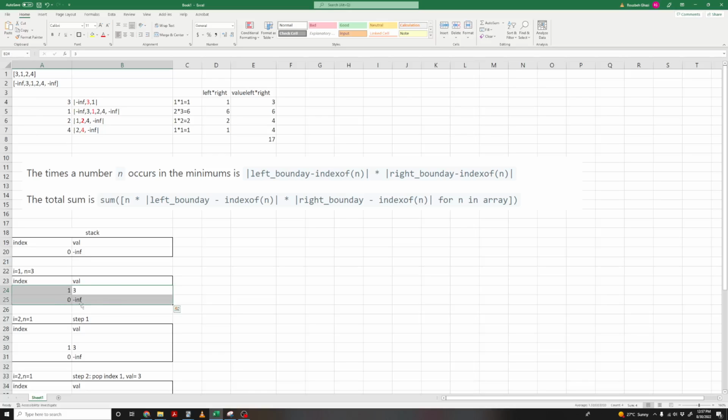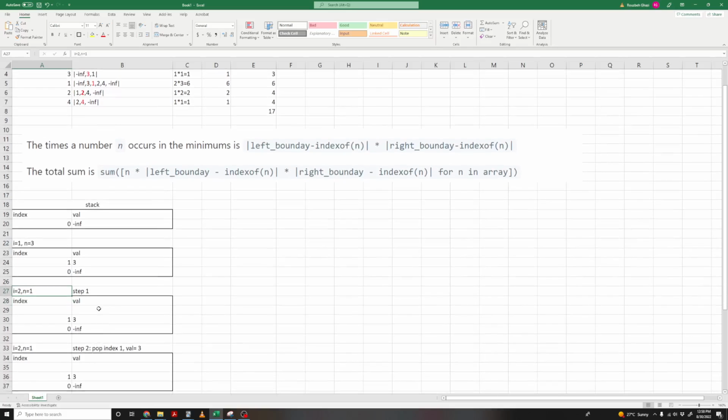But then we get to 1. When we get to value 1, at index 2, we know 1 is smaller than 3, so we should pop 3. When we are popping 3, what do we know? We know its right hand side value is going to be 1.